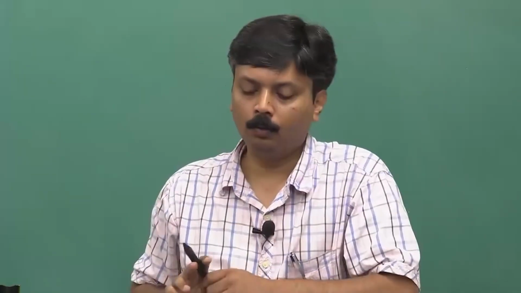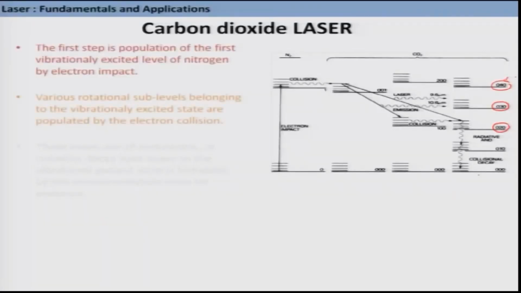So what we have here is this energy level diagram. First, of course, you give the electron discharge. Electron impact will take the molecule from the ground to the excited state of the nitrogen molecule.